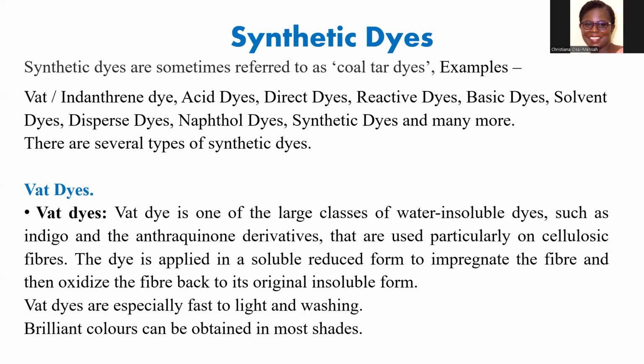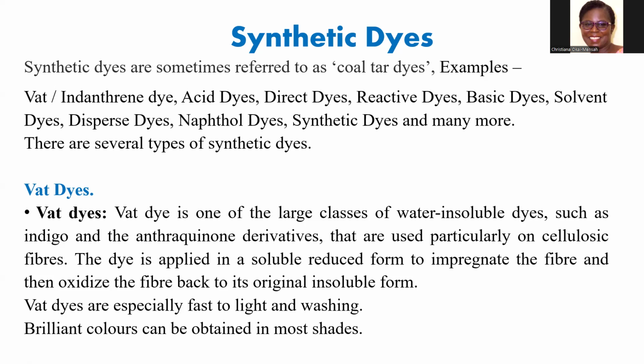So what we are going to use for our practical one is the VAT dye. Then you also use reactive dye. If you're going to experiment with these two dyes, VAT or indanthrene, then reactive dyes. So what is the VAT dye? How does it work?